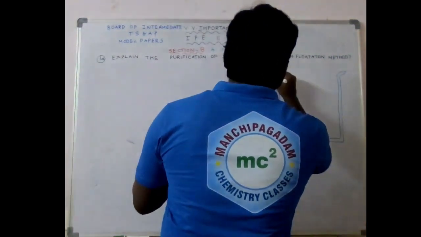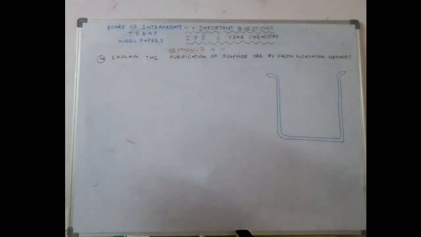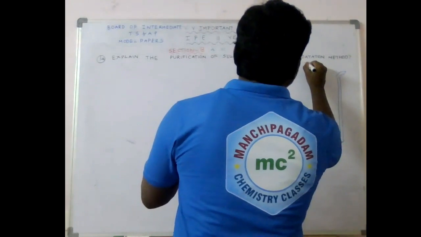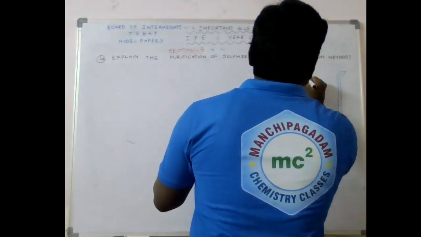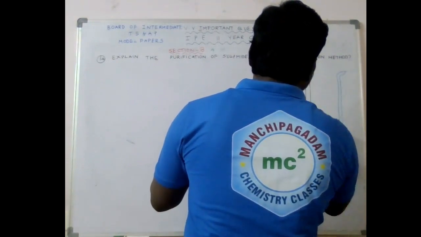Without the diagram you can't get the marks. If you want to observe that, you can. Okay, we have taken one container. In that we have to keep a rotating paddle. This is the rotating paddle.